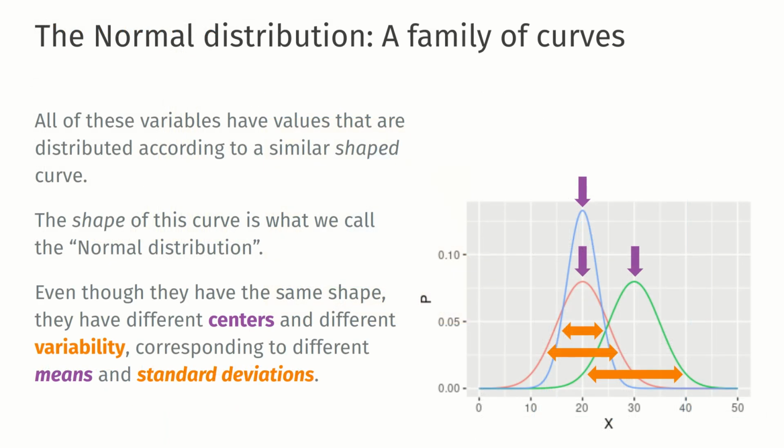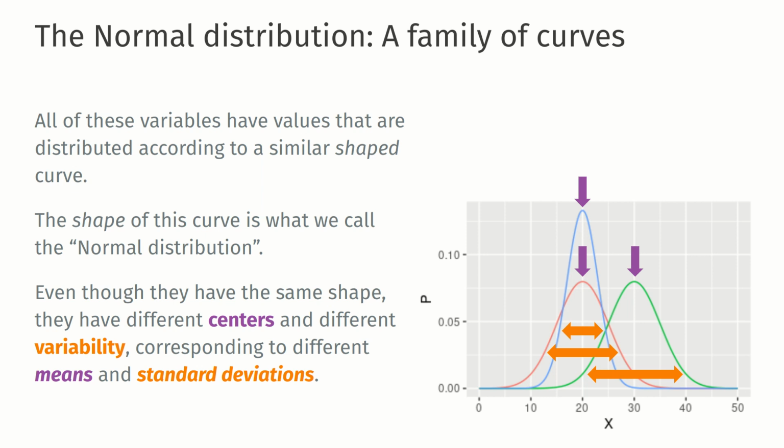Now, I've been talking about the normal distribution as a shape or a curve, and indeed that is what it really is, because it's all about this particular shape that has this nice little hump in the middle and is nice and symmetrical around it.